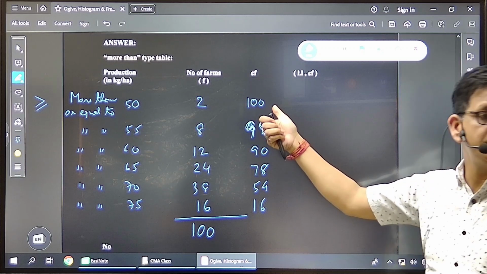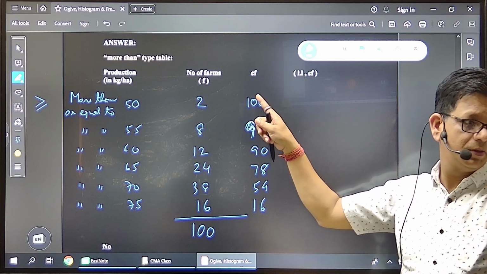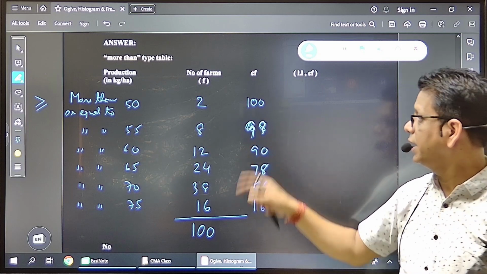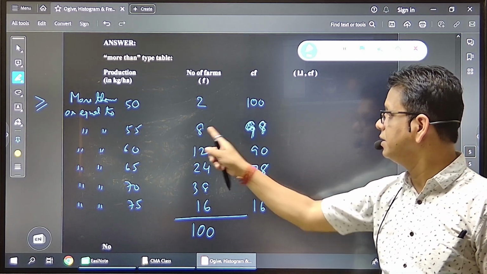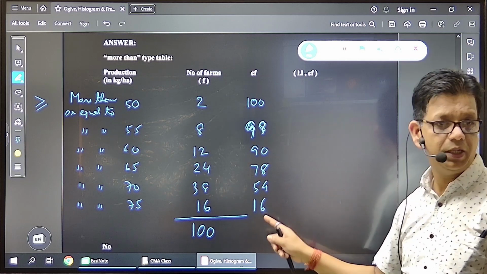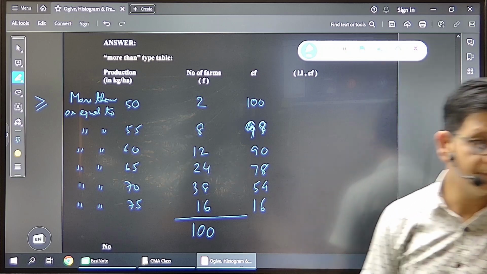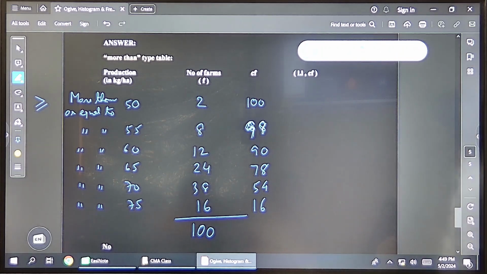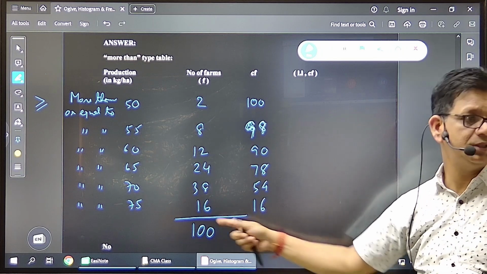Here for the cumulative frequency, we write the total at the top, whereas earlier the total was at the bottom, and once the 100 is written, we keep on subtracting this way. And here the last number is equal to the last frequency: in the less than type the top number was 2, and here it is 16.